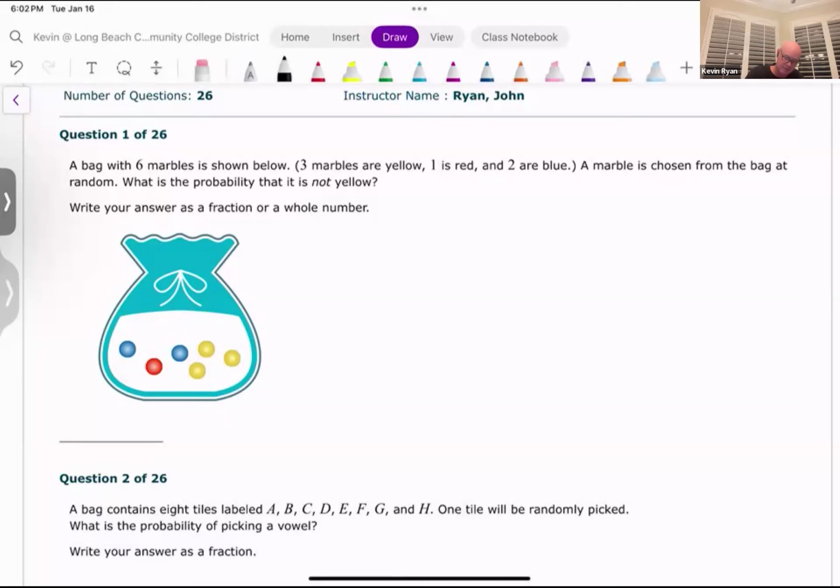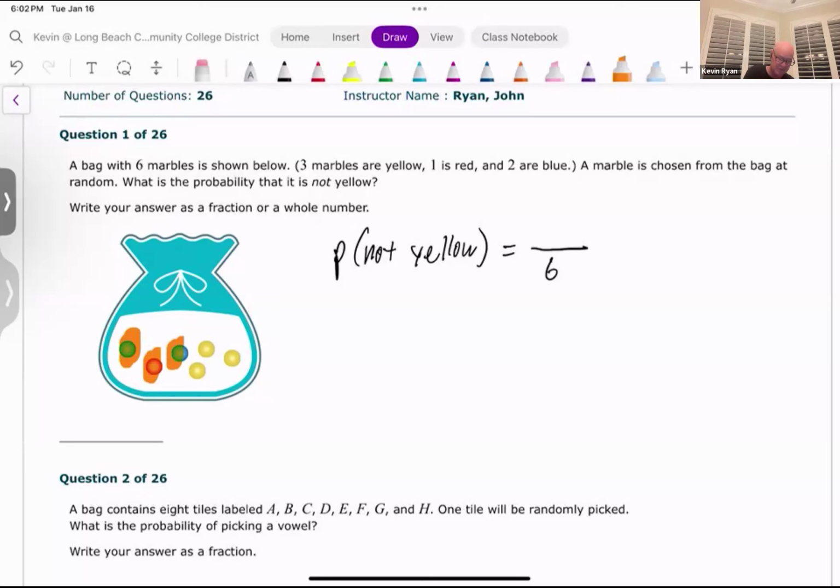All right, so we're looking for probability not yellow. First of all, my denominator is going to be 6. I know that because there's a total of 6 balls in here. Now, how many of them are not yellow? I am seeing here, here, and here.